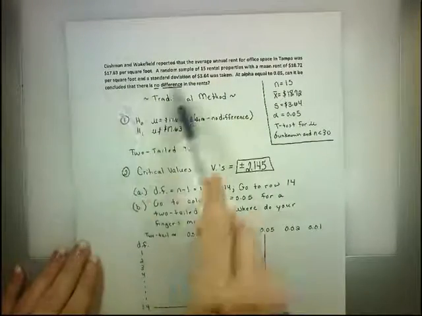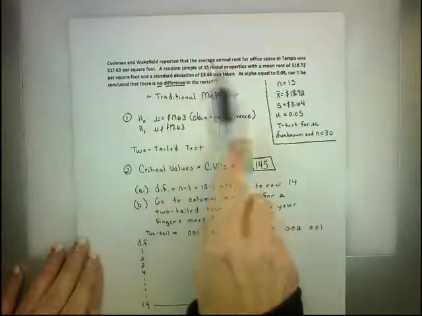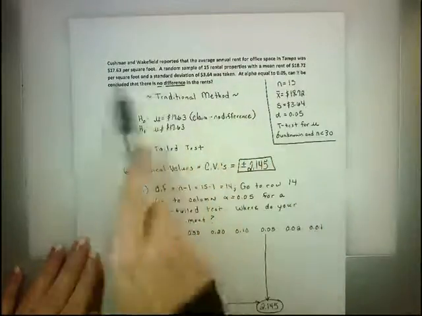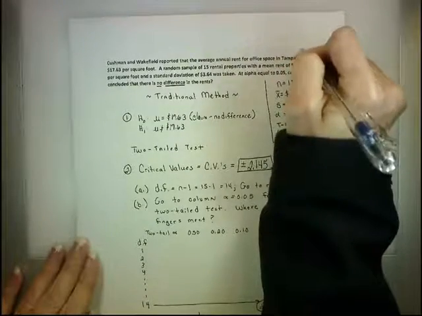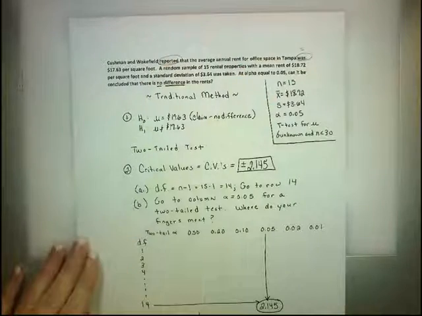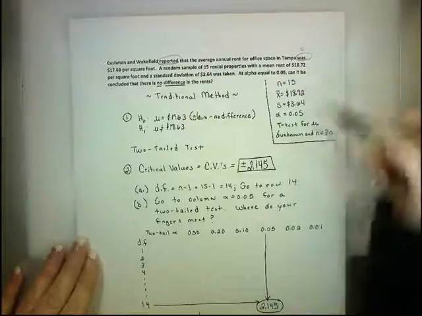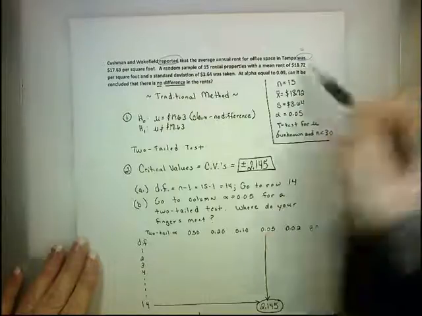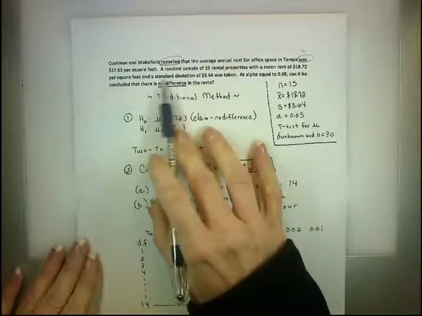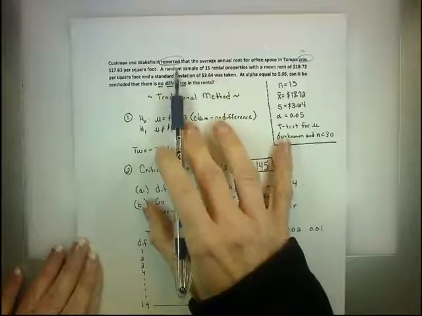Cushman and Wakefield claimed that the average annual rent for office space in Tampa was $1,763. The word was means equal to, and they did report something. A sample of 15 rental properties had a mean of 1872 and had a standard deviation of 364. Again, that standard deviation does not say sample, but it refers back to the sample of 15.